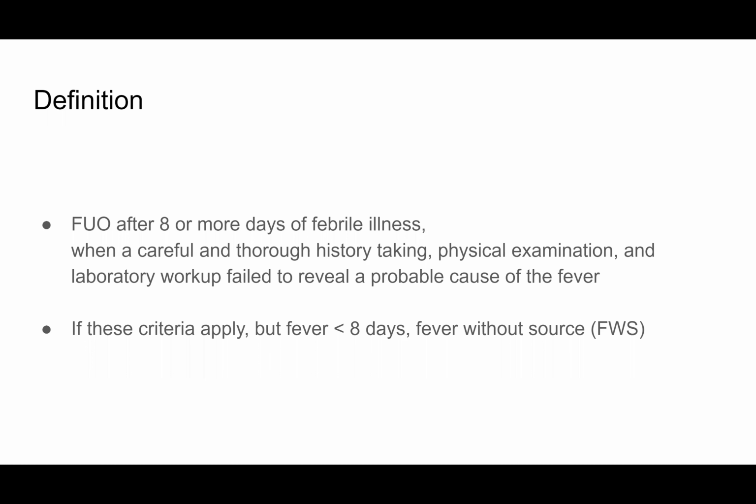We don't have to wait 3 weeks or 2 weeks like before. Even before 8 days, if we don't find a source and the child is getting sick, we can go with the provisional diagnosis of fever without source and start the investigations.